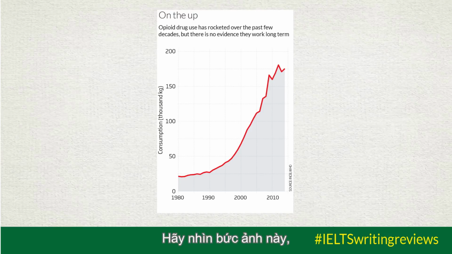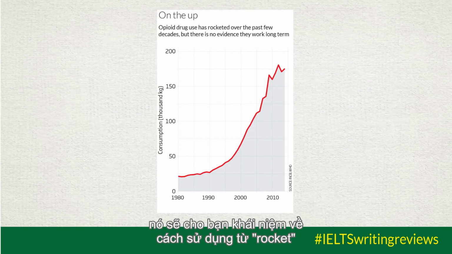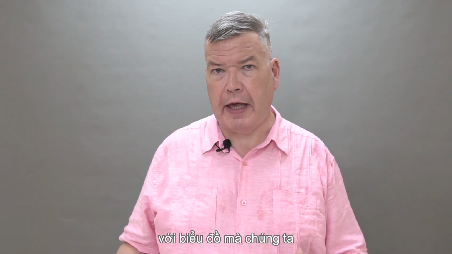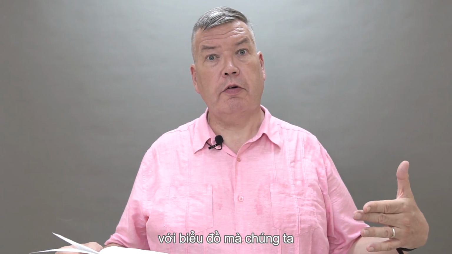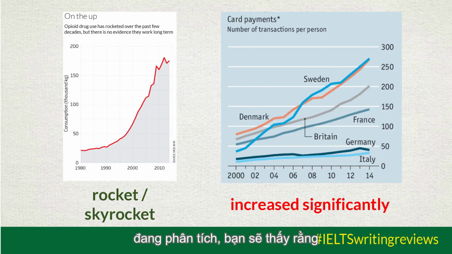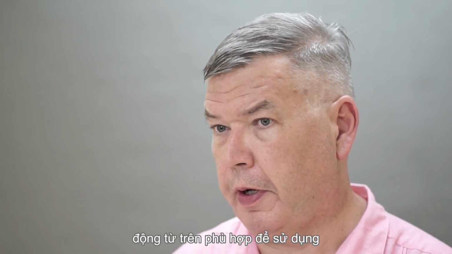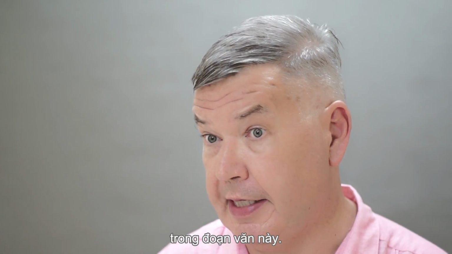And so this picture gives you a good idea what rocket means, what skyrocket means. But if you compare it to the graph that you're writing about, you'll see that the numbers just didn't go up as fast in this case. And so I don't think this verb was appropriate for the student to use in this essay.